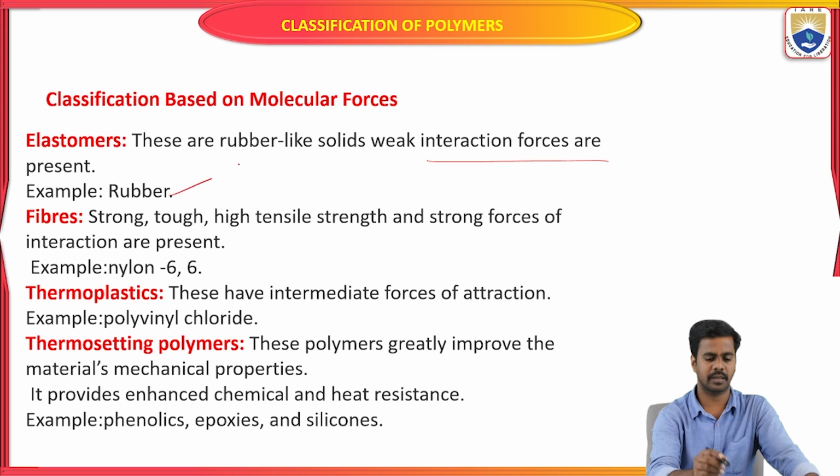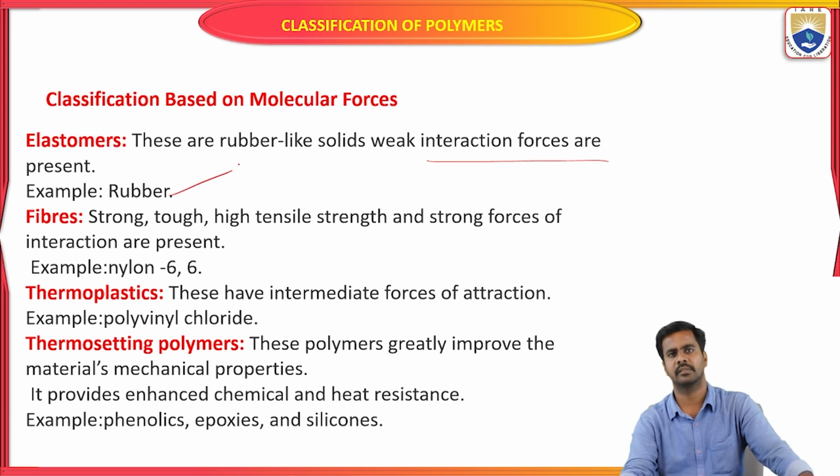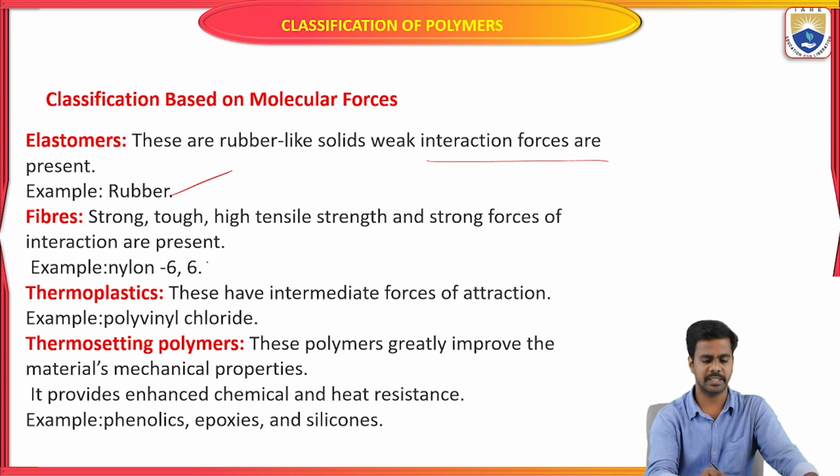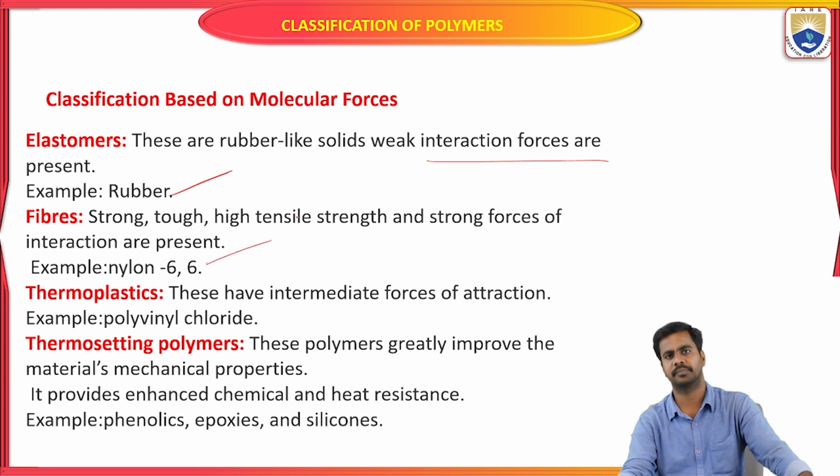Example, rubber. Fibers: strong, tough, with high tensile strength and strong forces of interaction between the monomeric units. So an example for fibers is nylon 66.